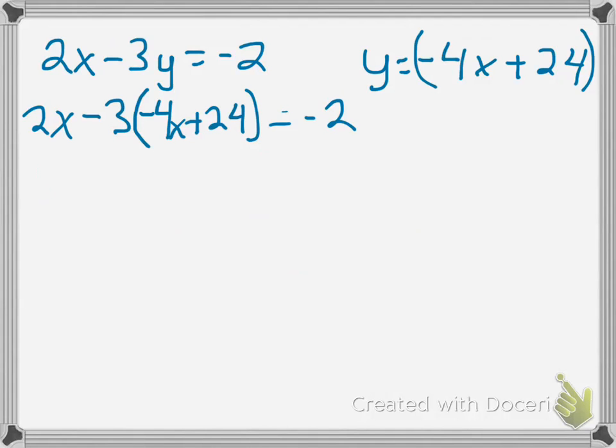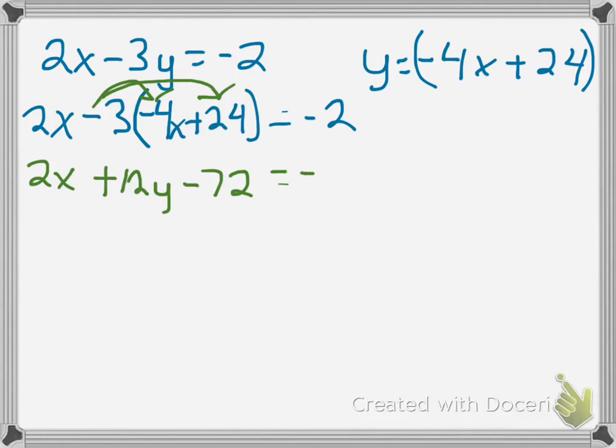Now I can simply distribute, whatever I got to do. So negative 3 times negative 4 is positive 12x. Negative 3 times 24 is negative 72. Bring down everything else.